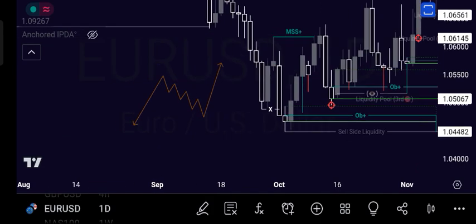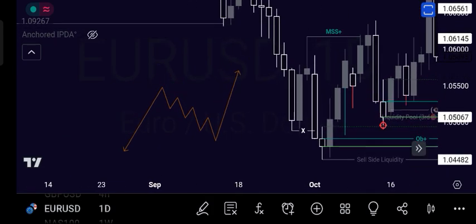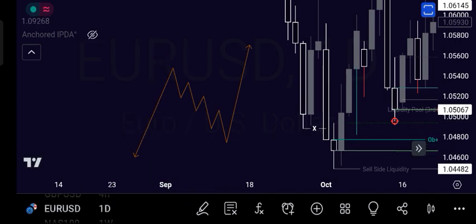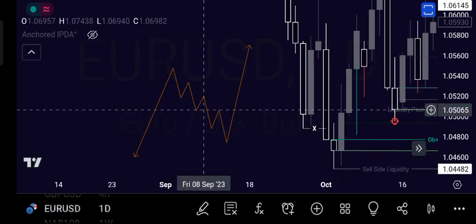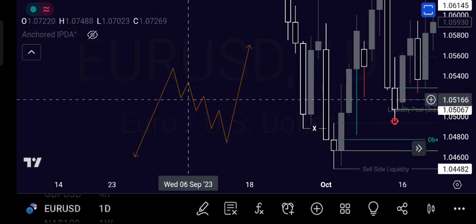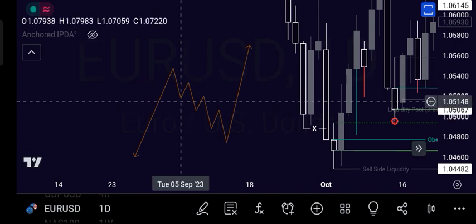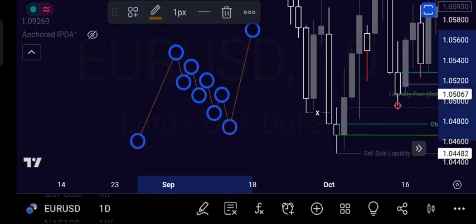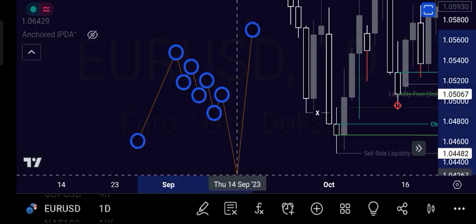When you see this kind of move, it always happens, every time, bullish or bearish. When you see a failure swing and a break of structure, that's a minor CHoCH, because you want to see this one getting broken, and that's a major CHoCH.